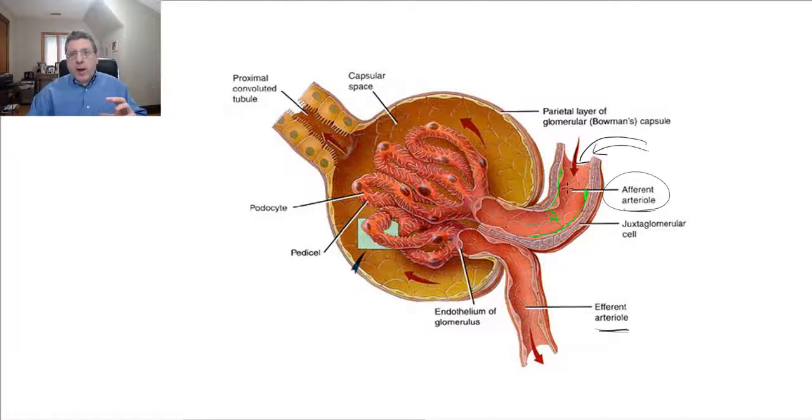If you have an increase in blood pressure, they stretch, and your body's response is to then constrict the afferent arteriole. If you have decreased systemic blood pressure, you have less stretch on the afferent arteriole, and your body's response is to then dilate that afferent arteriole.